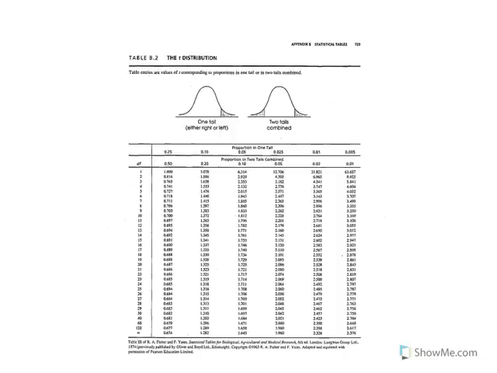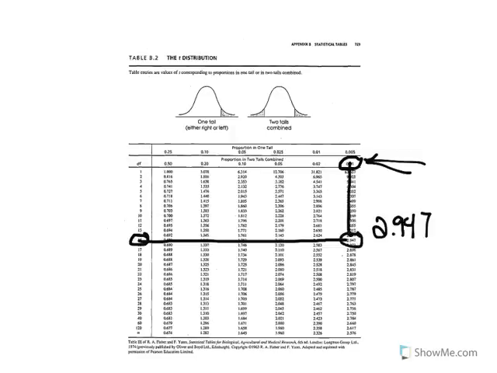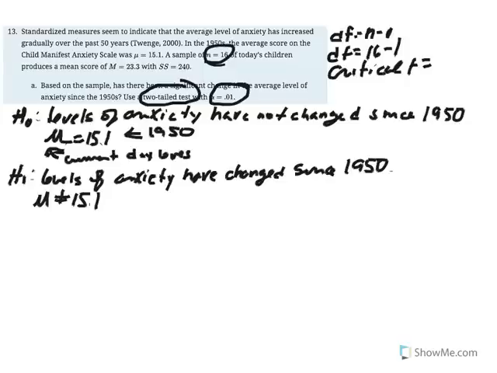Okay, so we enter our T distribution using degrees of freedom of 15. We're going to use the second tier at 0.01 and see where those values intersect. And so we get 2.947. So our critical T is equal to positive negative 2.947.